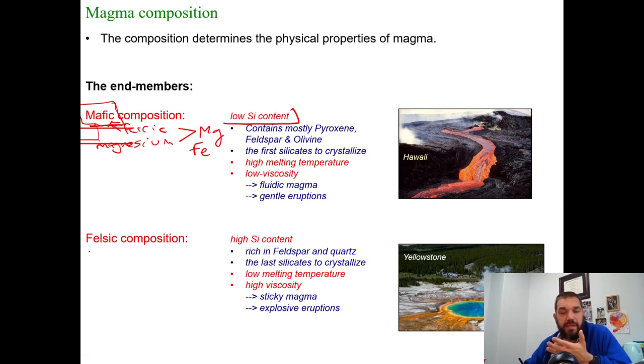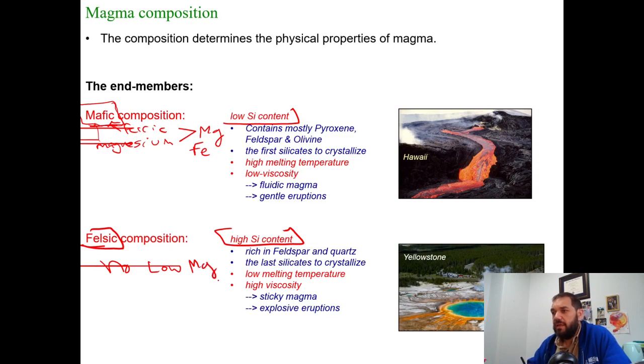Now, on the flip side, we have the felsic rocks. Felsic rocks have high silicon content. They have no or low Mg, magnesium, and low iron. They also have high sodium and potassium. Now, you'll notice that there's actually a question about minerals that are common in mafic rocks and felsic rocks.